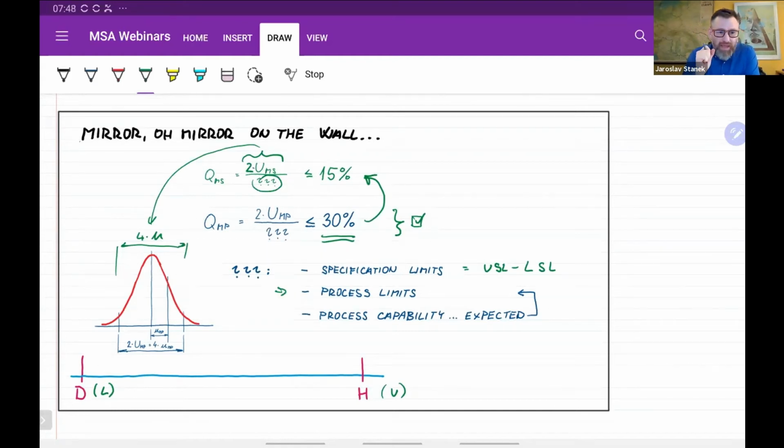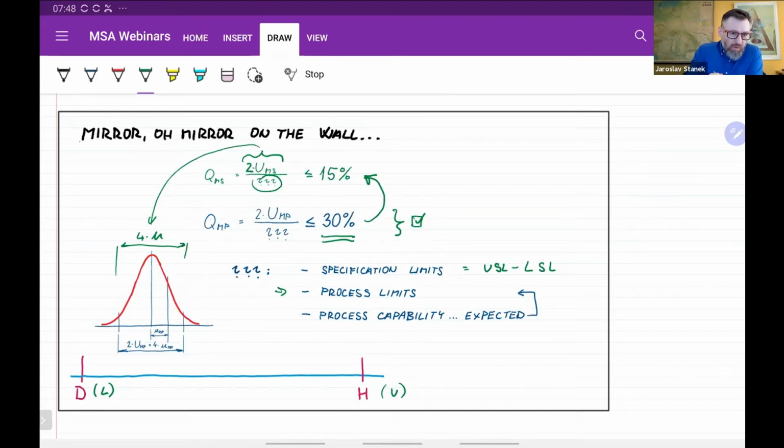The reason for that is that we actually want this measuring device to be able to control the production process. So the idea about relating the device to the process limits is that we want to be able to shift the production within the variation the production actually shows. And I'll show in a second what I actually mean.